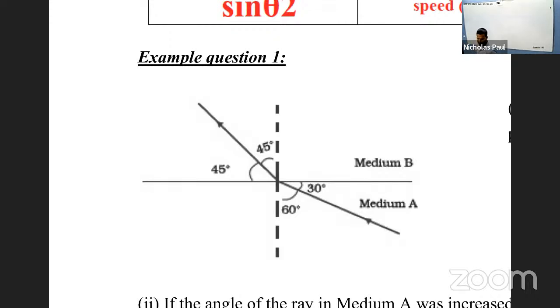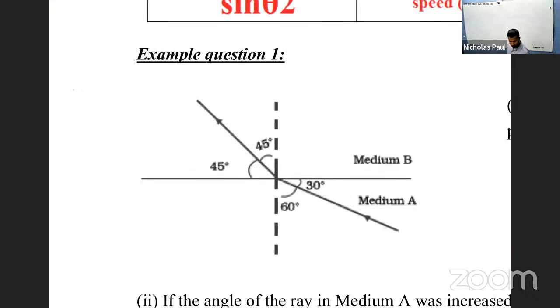One or two decimal. Sine 60 divided by sine 45.